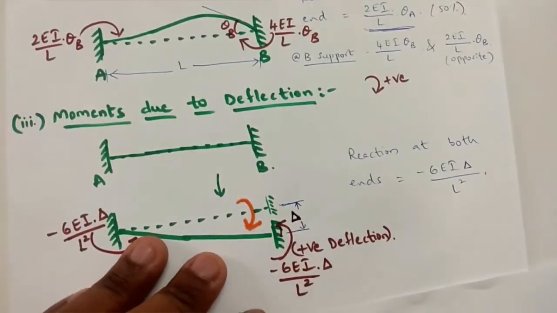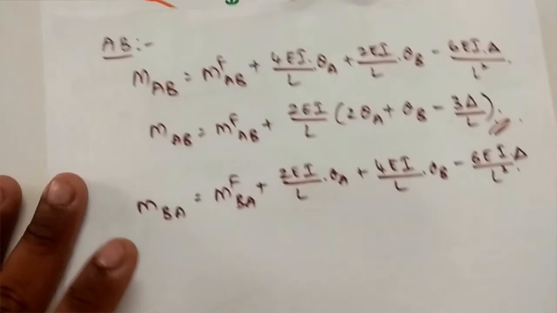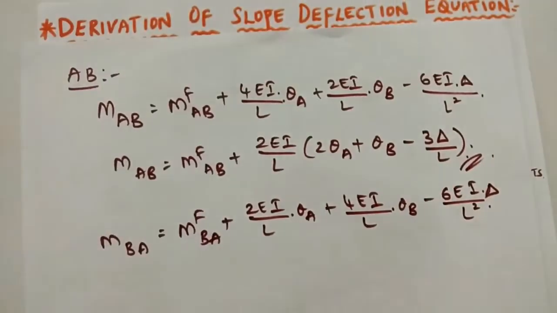Here delta is our deflection, value of the deflection, that we'll see while solving the problems.